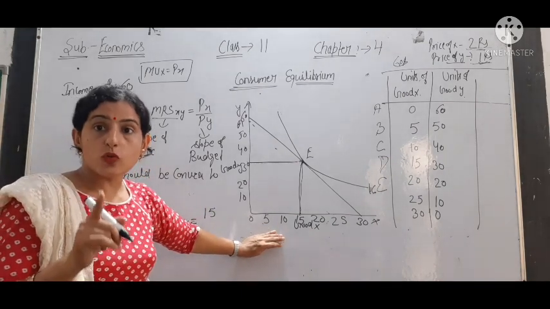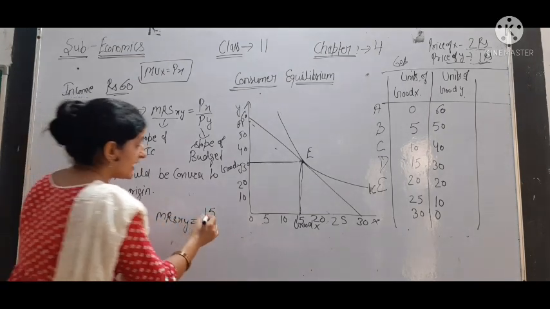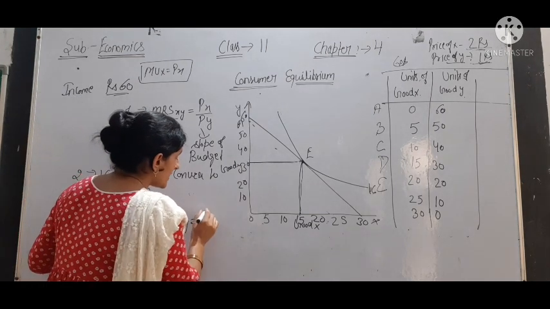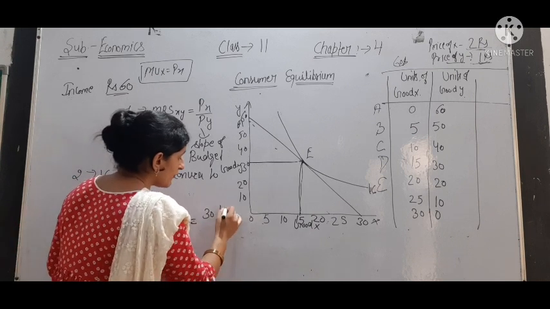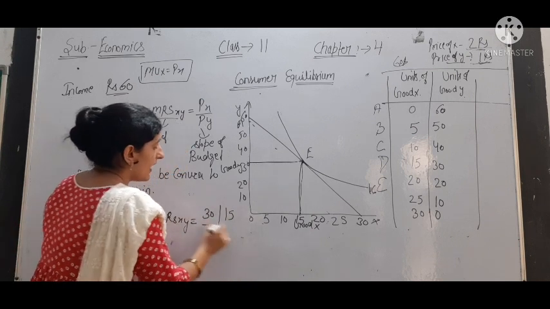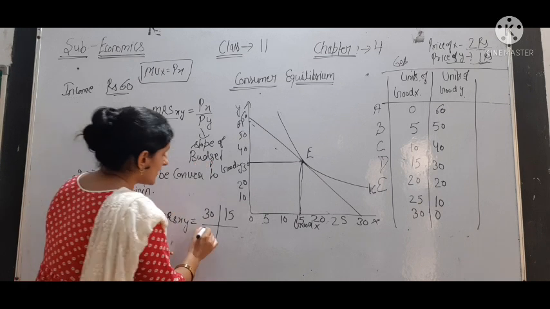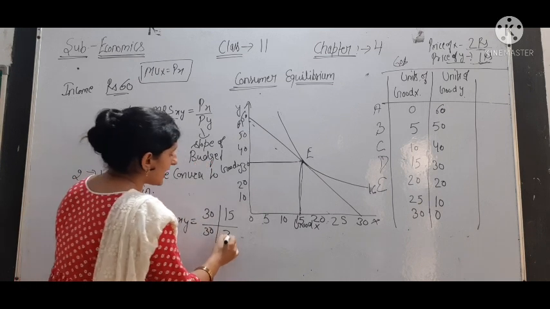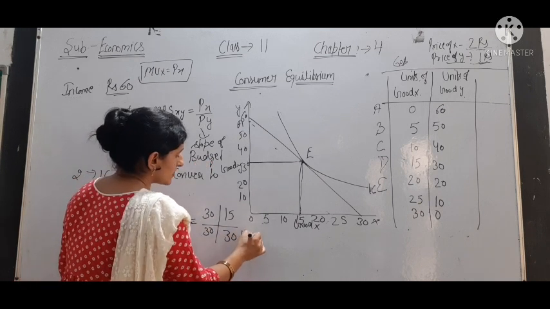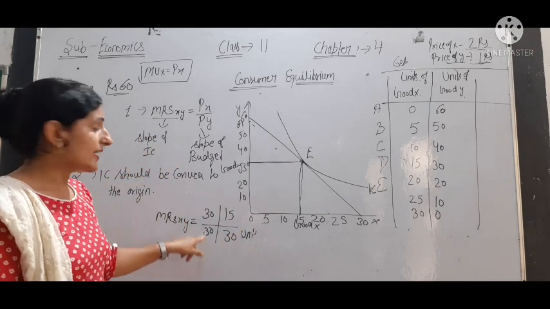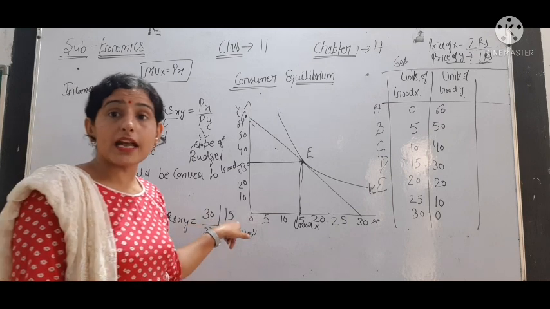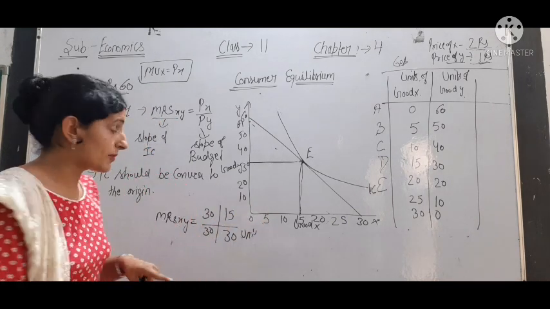Good X is 2 rupees per unit. So 30 rupees the consumer is spending on this and he is taking 15 units, okay. And here the 30 rupees the consumer is spending and consuming 30 units. He is consuming 30 units, spending only 30 rupees. He is spending 30 rupees but consuming 15 units.